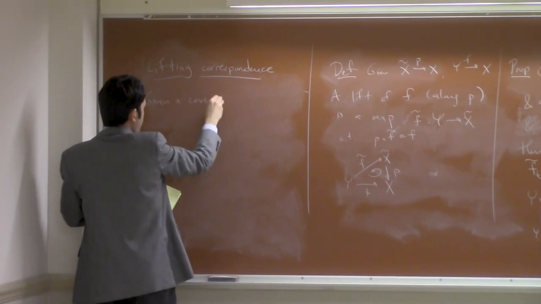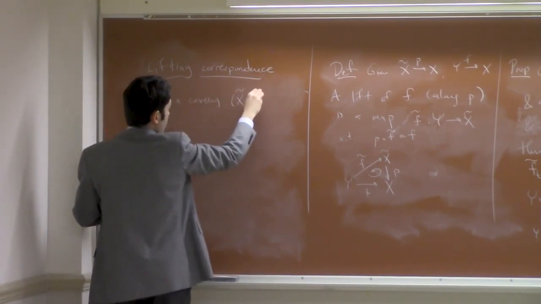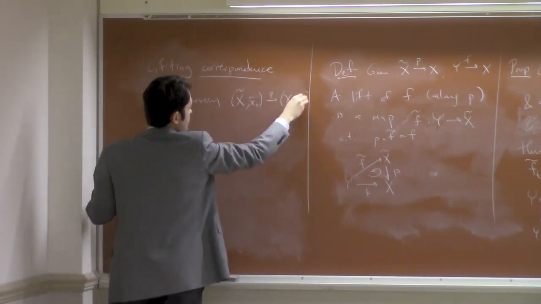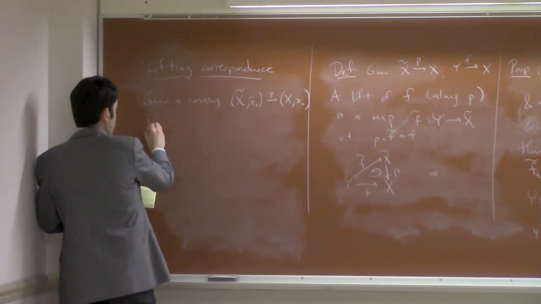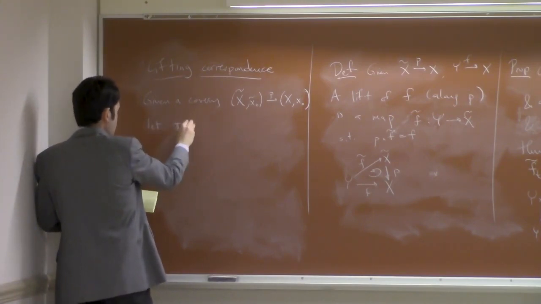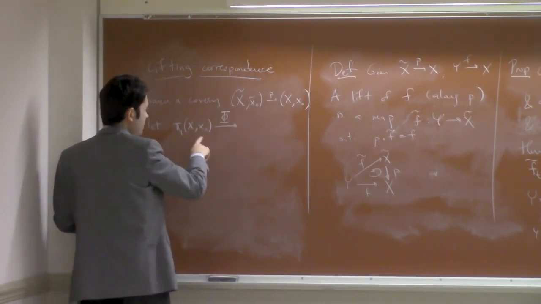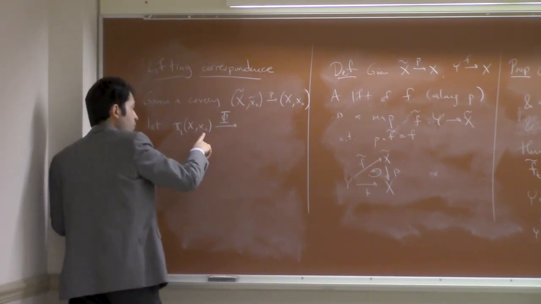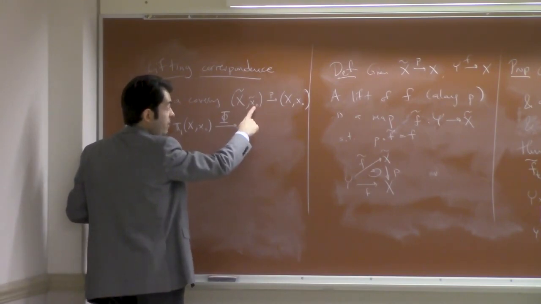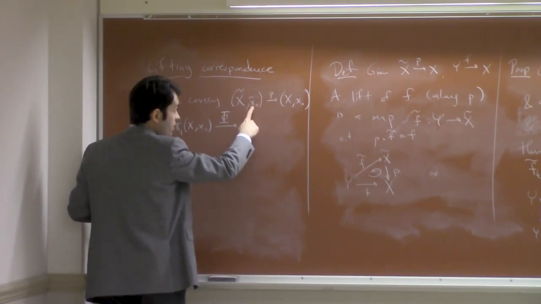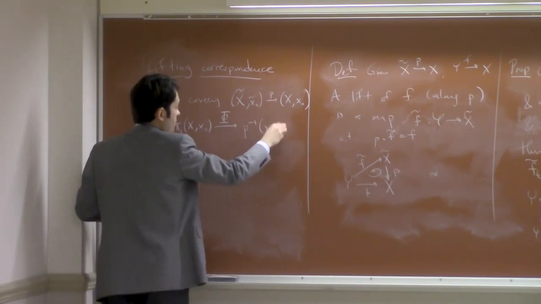So given a covering map, and let's say with a choice of base points, then let capital Phi be the map that takes homotopy classes of loops based at x0, lifts them up to a path starting at x0 tilde, and then picks the right endpoint.